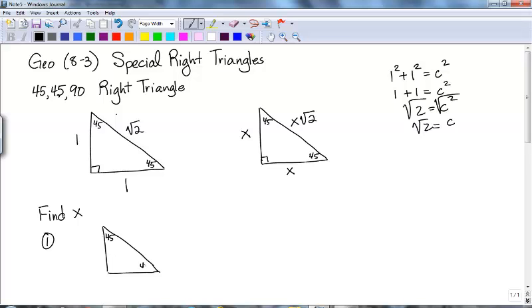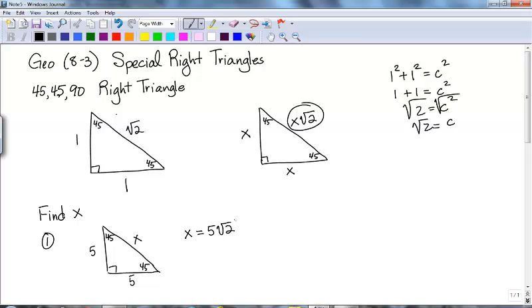You have to make sure that it's a 45, 45, 90. If I said this was 5 and this was 5 and this was x, you go back up here to find if your two legs are the same. Then to find that hypotenuse, all you have to do is multiply it by radical 2. So x on this one would be 5 radical 2. Don't make these hard.